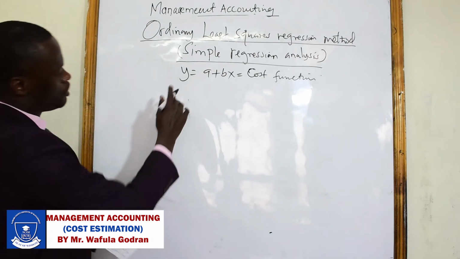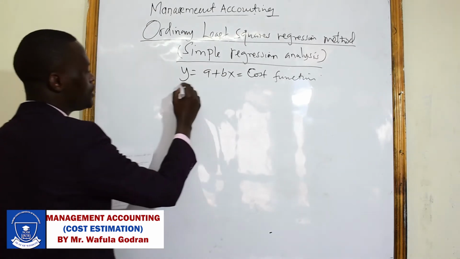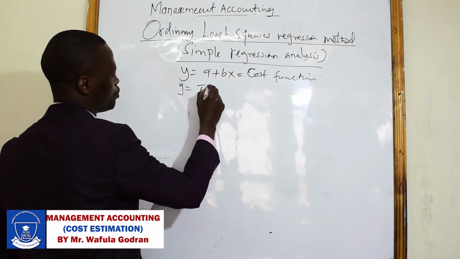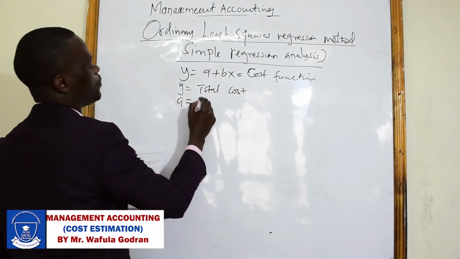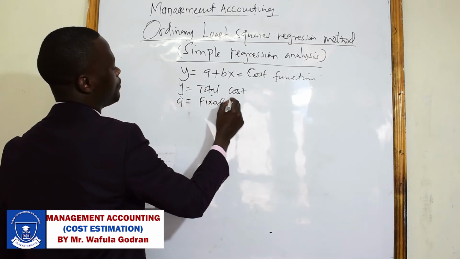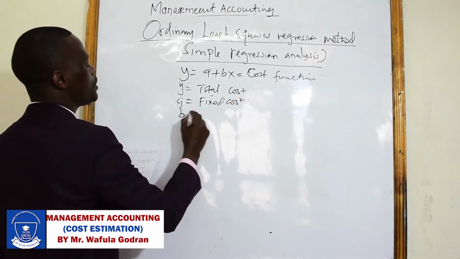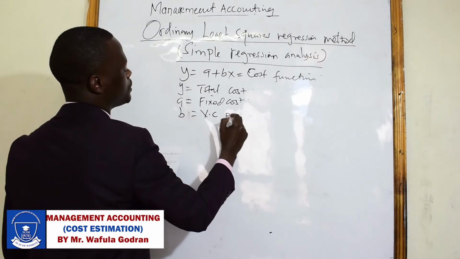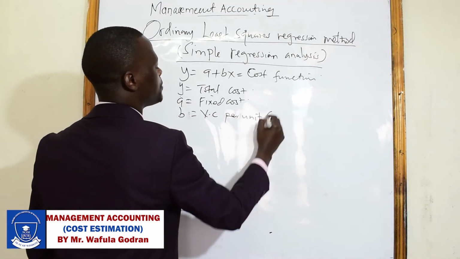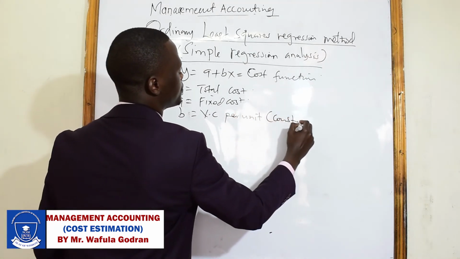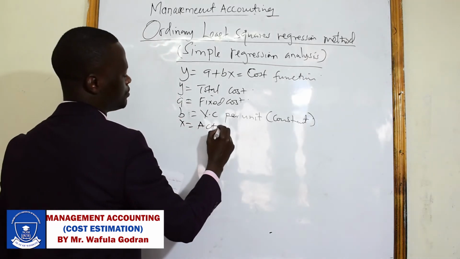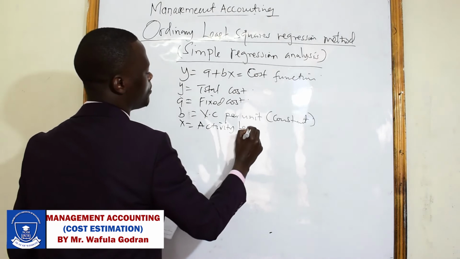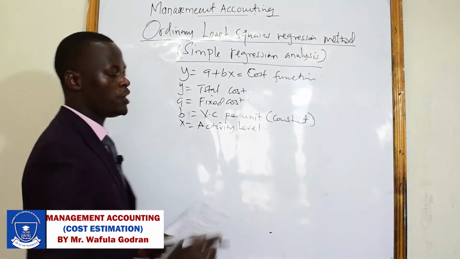In this function, we still remember that y stands for total cost. A stands for fixed cost. B is the variable cost per unit, which is expected to be constant. And x is the activity level, which can be in units.